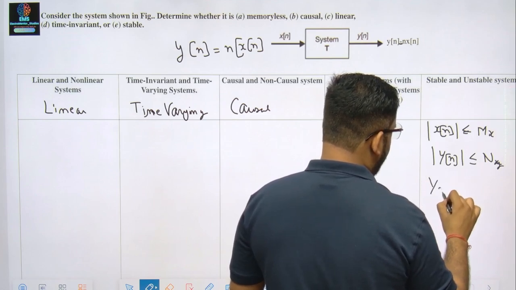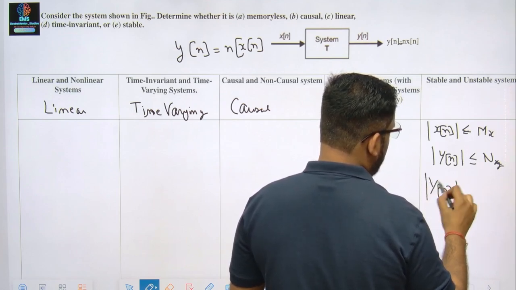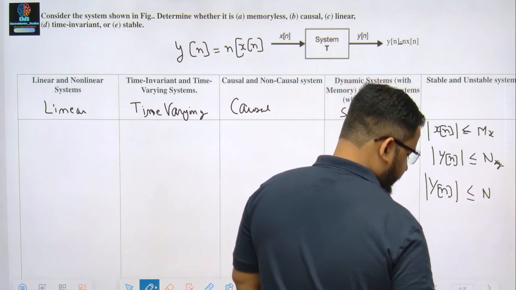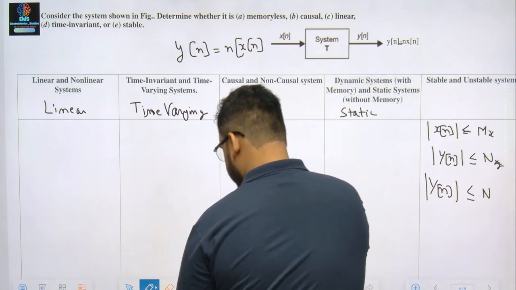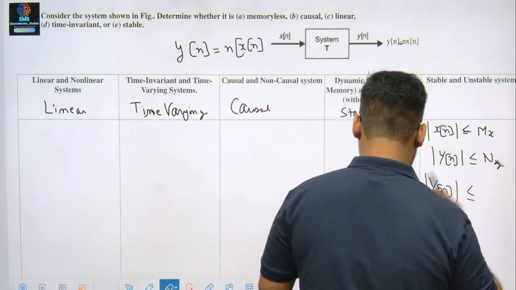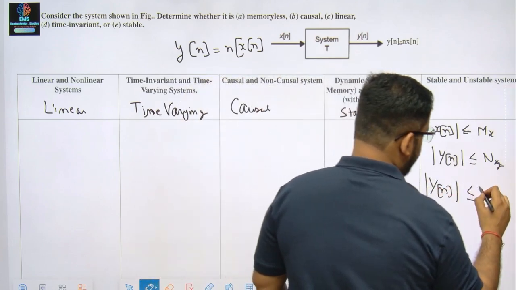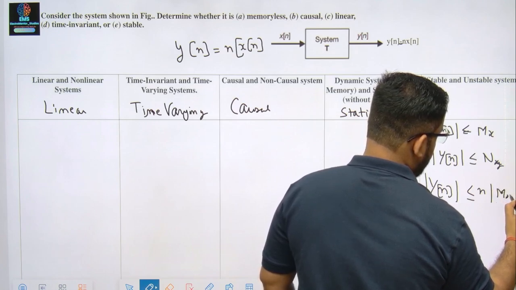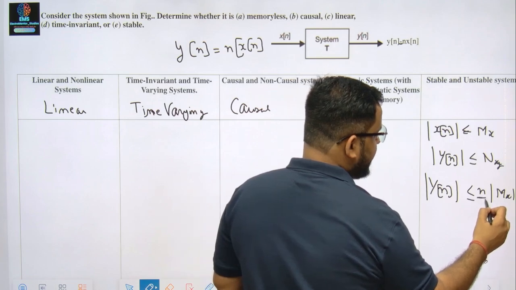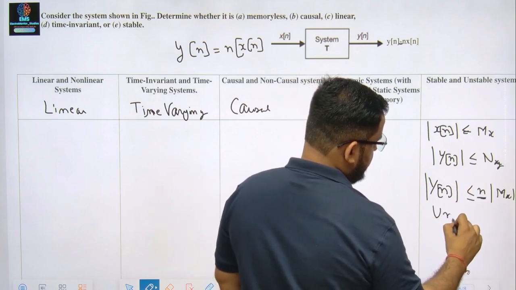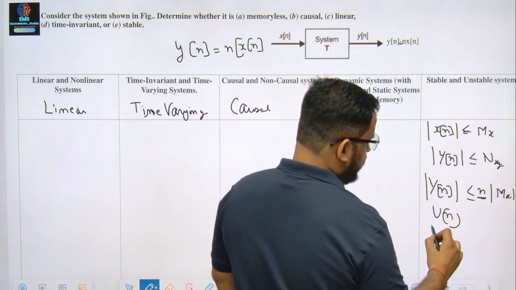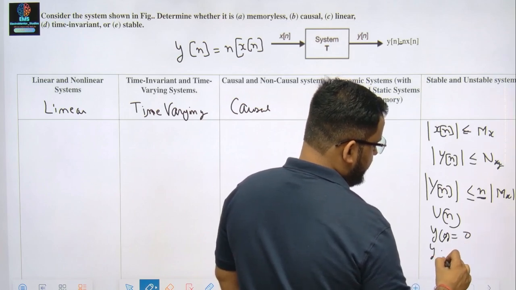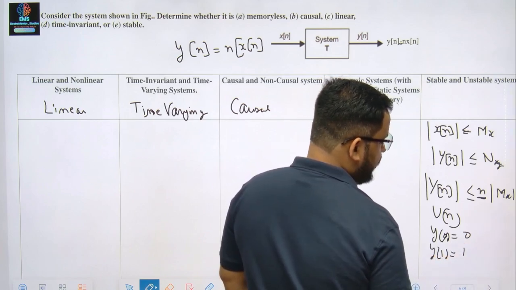But my y[n] will have a factor of n over here, a factor of n times Mx. Now this n, let us take x as u[n]. So my y[0] will be 0. My y[1] will have a factor of 1.